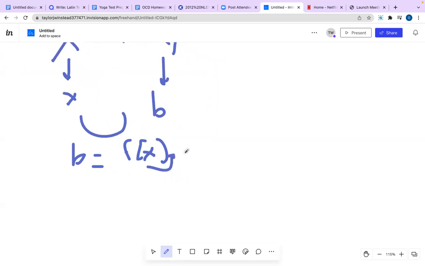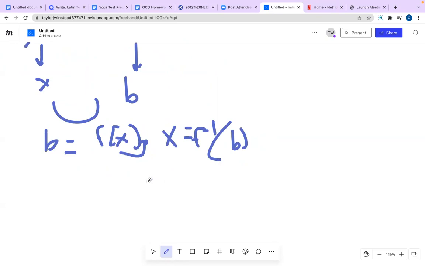And then we can write that x is going to be inverse f of b. So b is equal to f of x, which is f of inverse f of b, right?